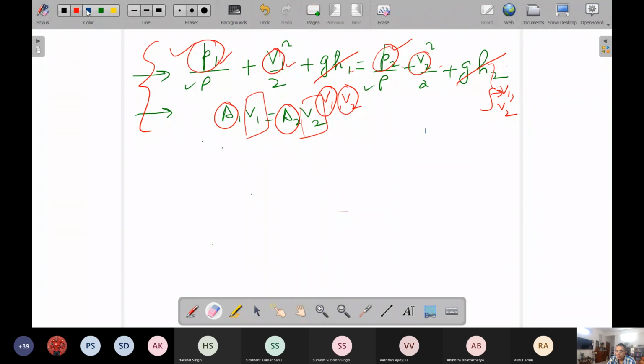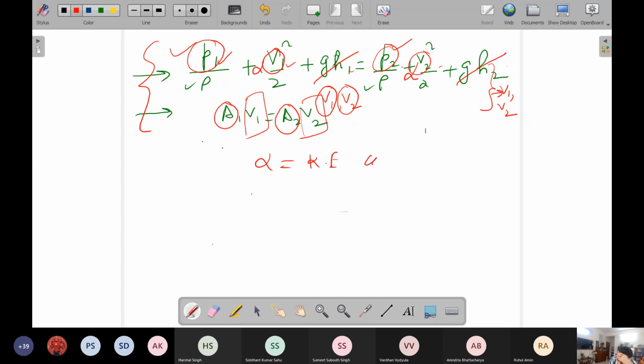One correction is, number one, you are multiplying this with a factor called the kinetic energy correction factor, alpha.